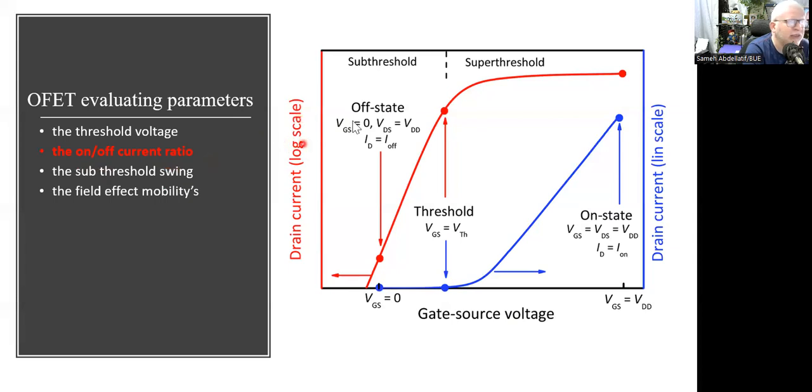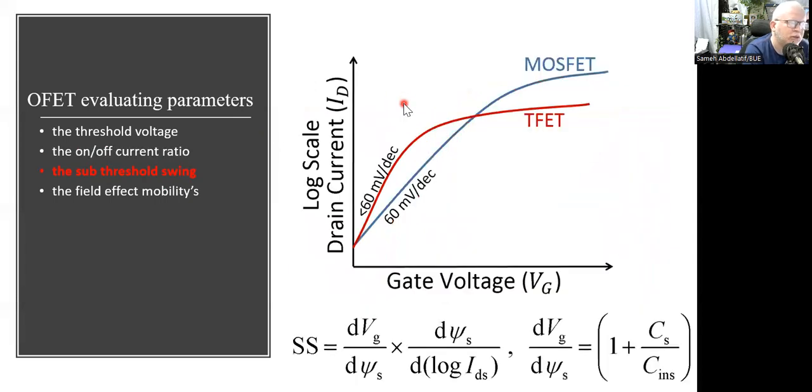Another parameter still related to the subthreshold region is the subthreshold swing. How will your current behave to reach the operation point, and with which swing? This swing is directly proportional to the variation in voltage and current.